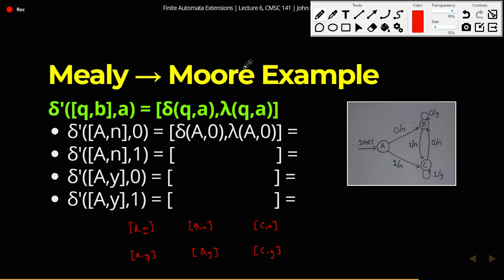A on 0 will go to B, right? And the output of the transition is N. So that would be going to Bn. So we'll go to Bn on 0. And this is the same for Ay actually. So this is also Bn.